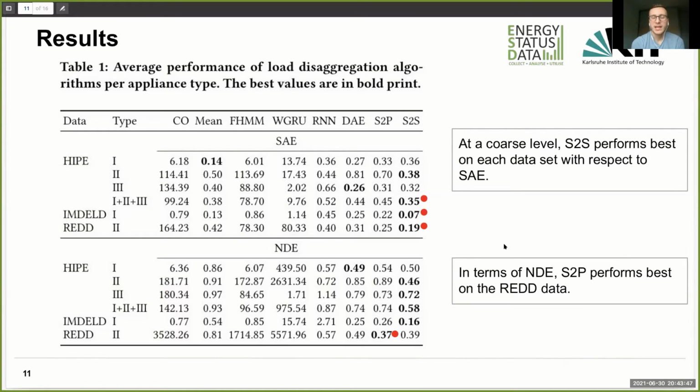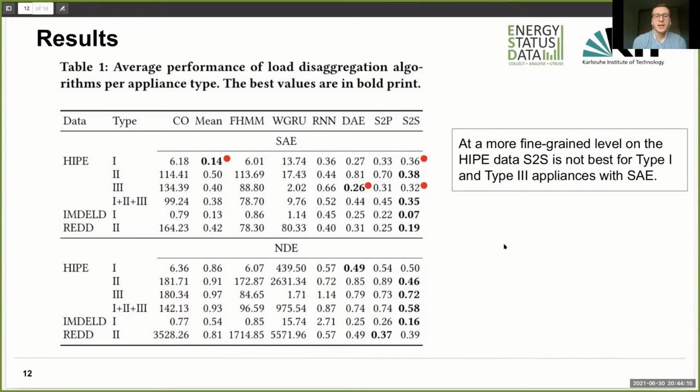However, if we take a look at a different metric, the NDE, we can see that this is not the case in terms of the RADD algorithm. So the summary is that there seems to be a trend. However, the best algorithm can sometimes also depend on the type of metric we choose.